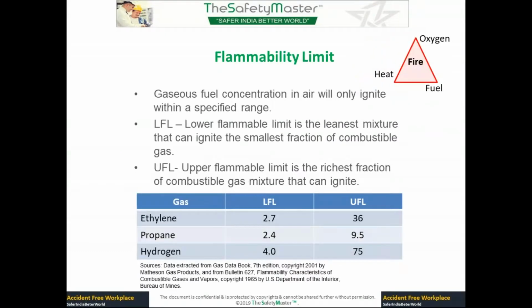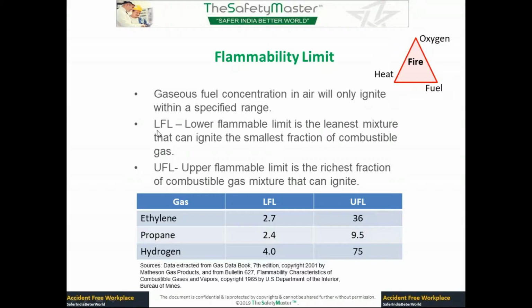Now flammability limit, all of you know that there are 3 things required: the fire triangle. You need oxygen, an oxidizer. Okay, it can be oxygen or nitrogen peroxide, any oxidizer. Fuel can be anything, it could be a petroleum source or hydrogen or anything. And heat. When these 3 things are there, the fire will catch.